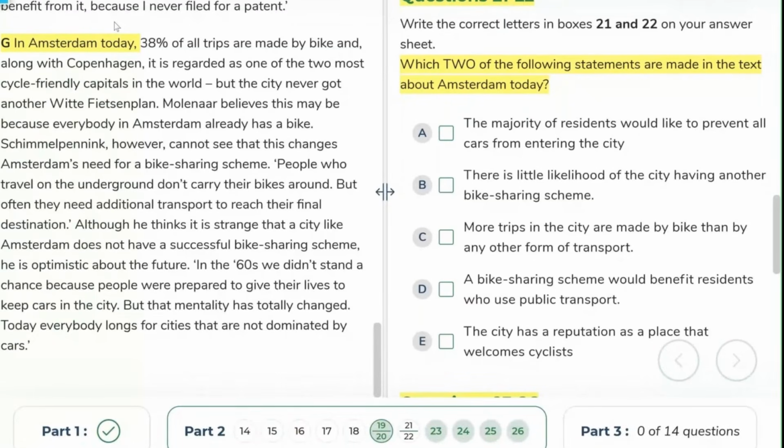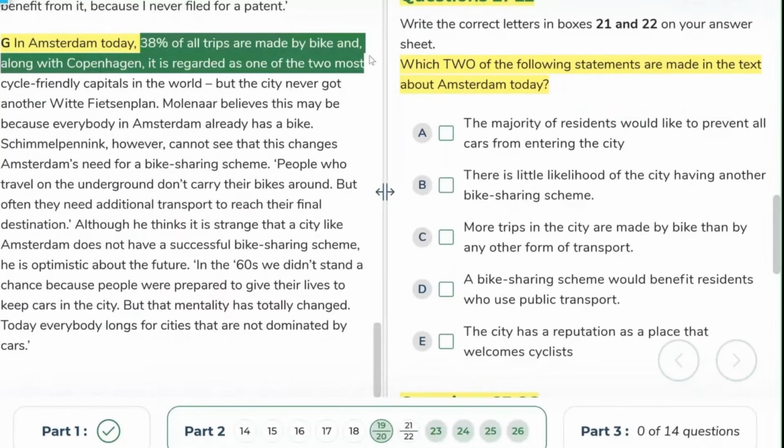Okay. So in Amsterdam today, 38% of all trips are made by bike, and along with Copenhagen, it is regarded as one of the two most cycle-friendly capitals in the world. Most cycle-friendly capitals in the world.